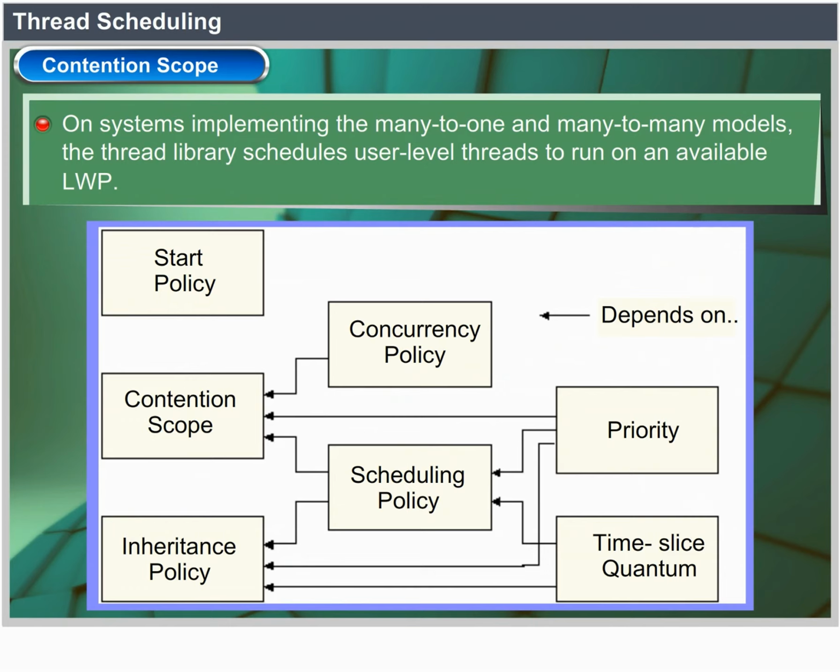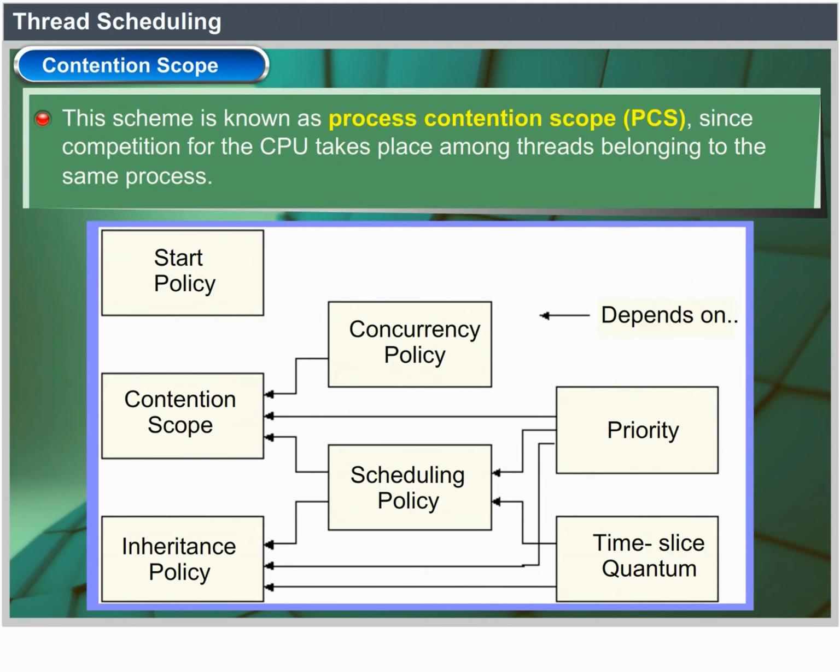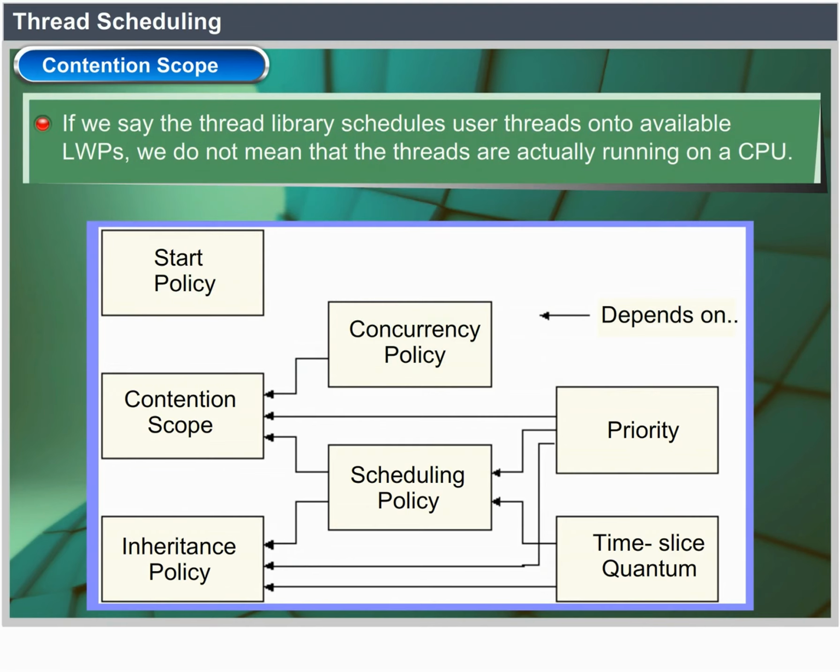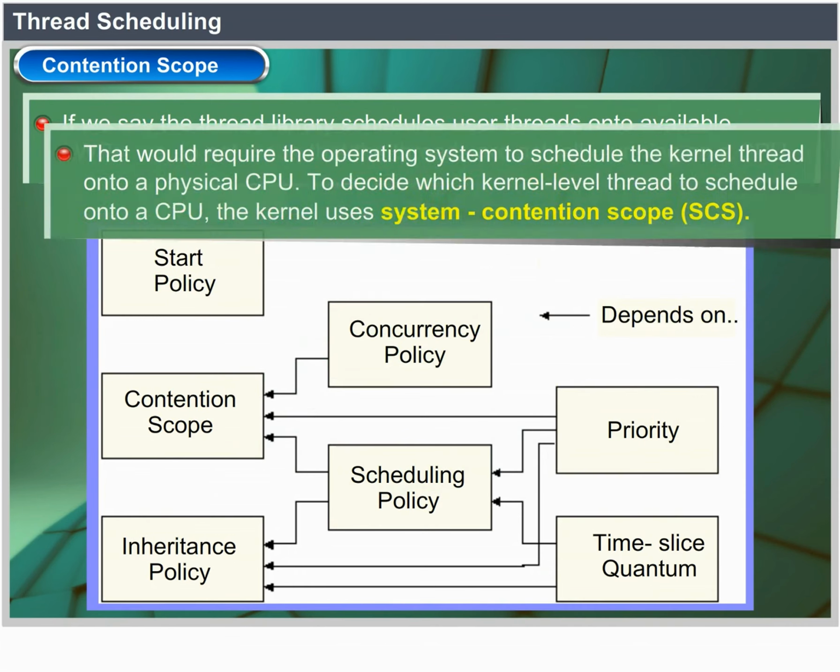This scheme is known as Process Contention Scope, PCS, since competition for the CPU takes place among the threads belonging to the same process. When we say the thread library schedules user threads onto available LWPs, we do not mean that the threads are actually running on a CPU. That would require the operating system to schedule the kernel thread onto a physical CPU.